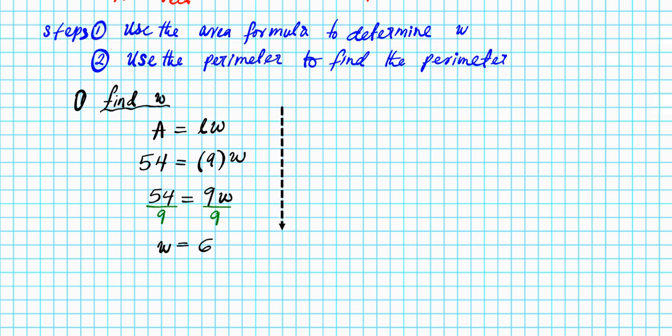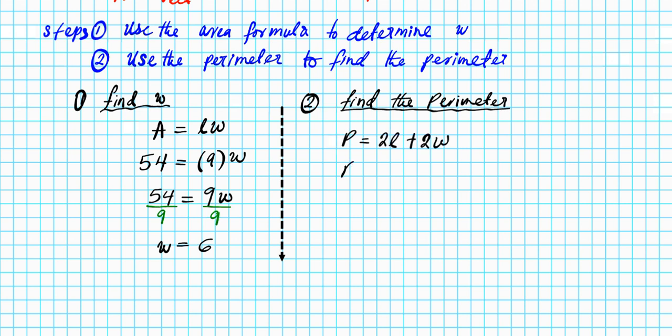How do we proceed? Step 2 is to use the width and the length in the perimeter formula. So number 2, we want to find the perimeter. We have all the information that we need to calculate this. So to find the perimeter, we know that P is equal to 2L plus 2W.